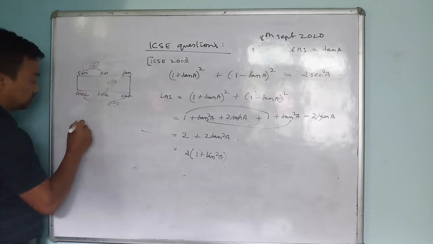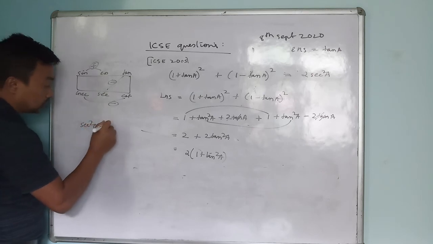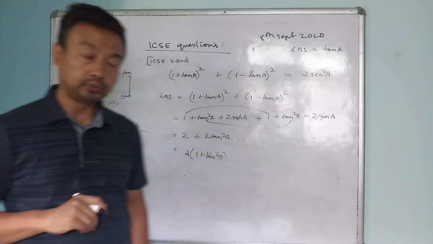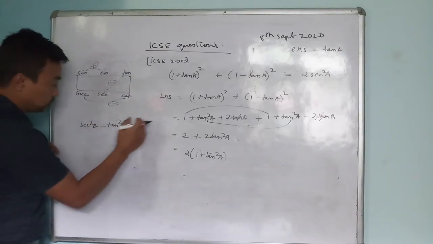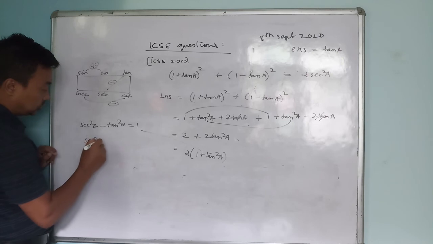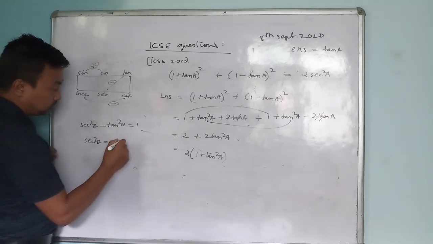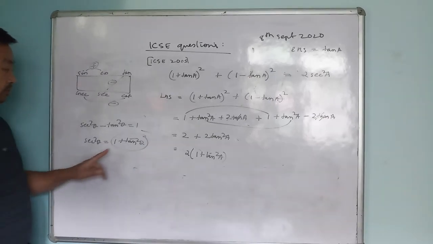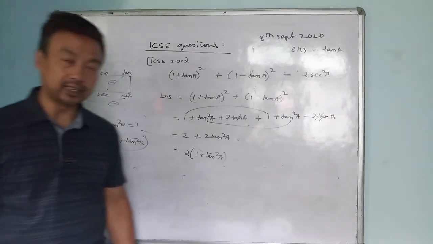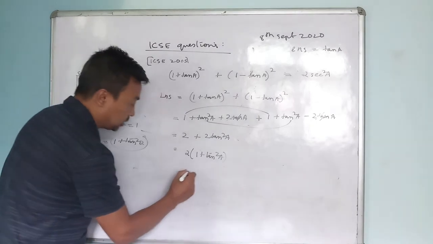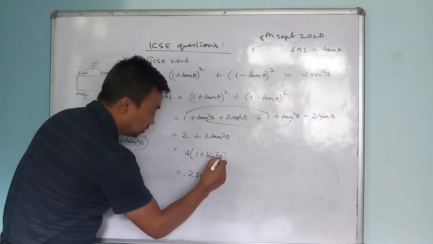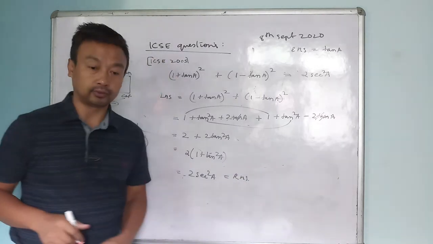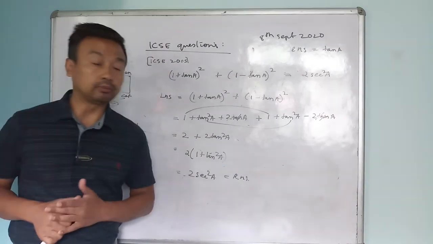So from here you got the relation sec square theta minus tan square theta equals 1. Alright? So now if you transpose this, sec square theta equals 1, minus will become plus tan square theta. So we can see that 1 plus tan square theta is nothing but sec square theta. So here we can replace this by sec square, in place of theta there is A, which is same as your right hand side. So like that you go on practicing.